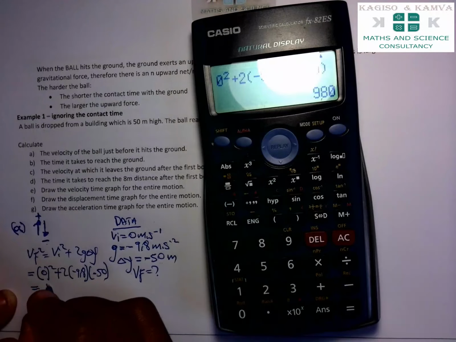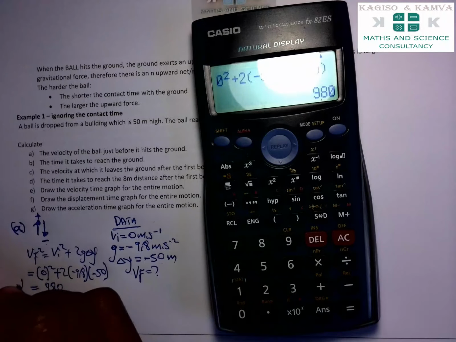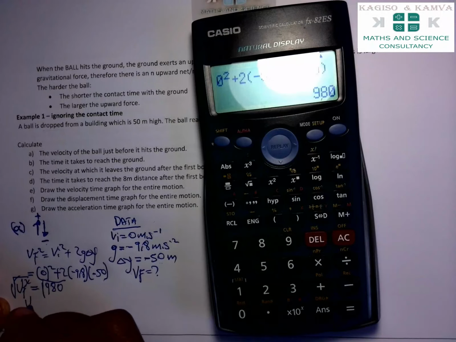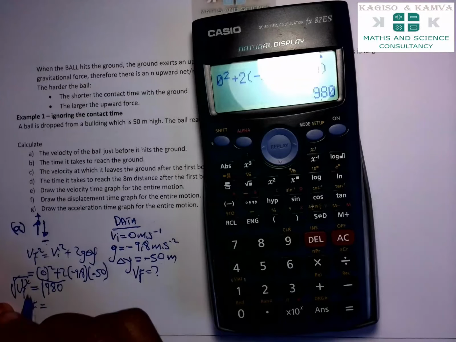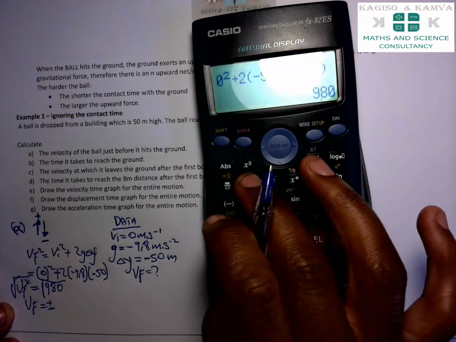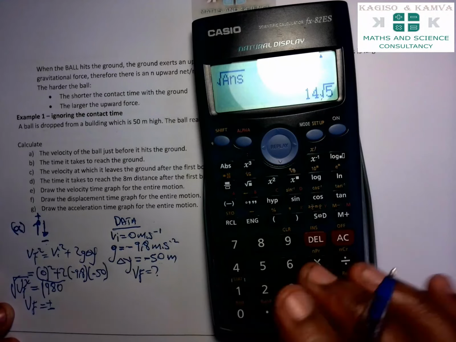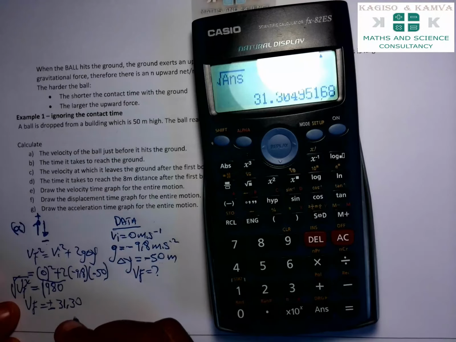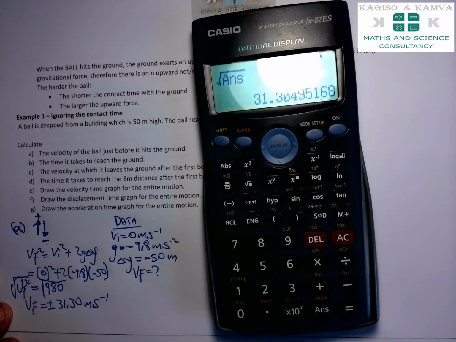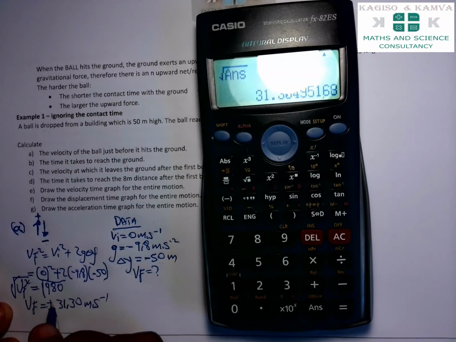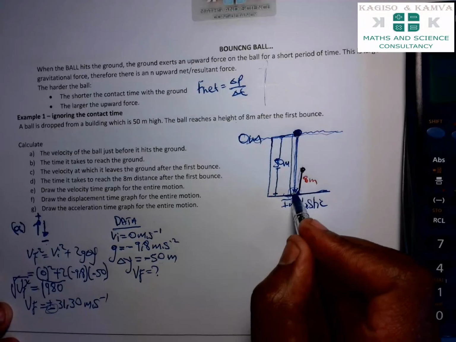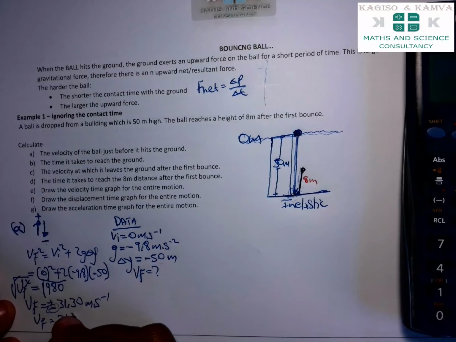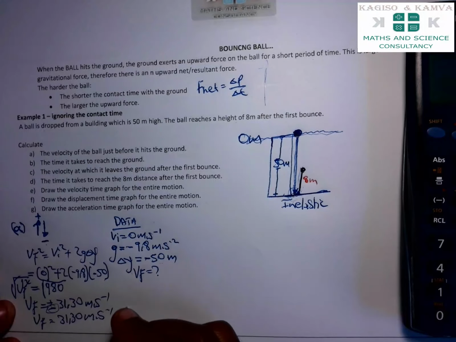Now we have 980. So this 980 is equal to VF squared, square root on this side, square root on this cancels that. VF is going to be equal to plus or minus the square root of 980, which is plus or minus 31.30 meters per second. Because we are taking the negative one since it is directed downward, VF is 31.30 meters per second downward.